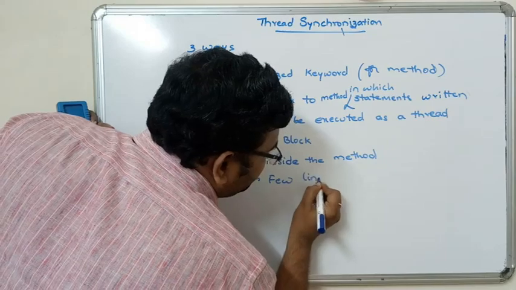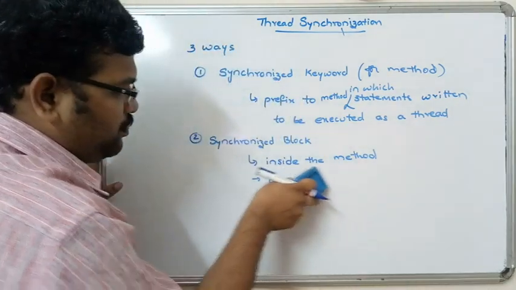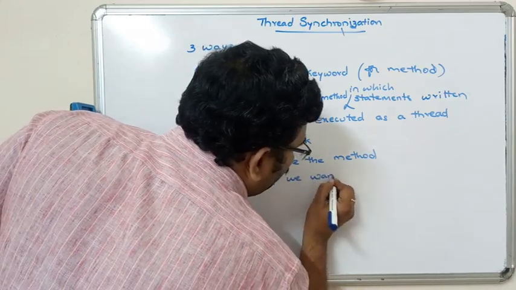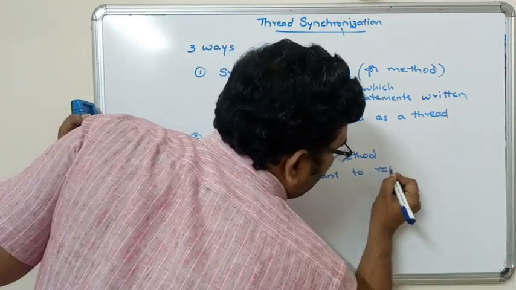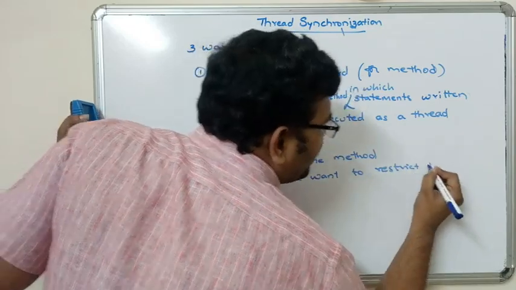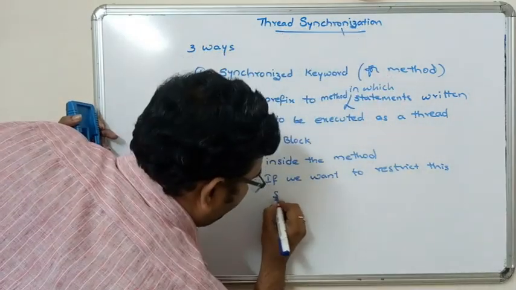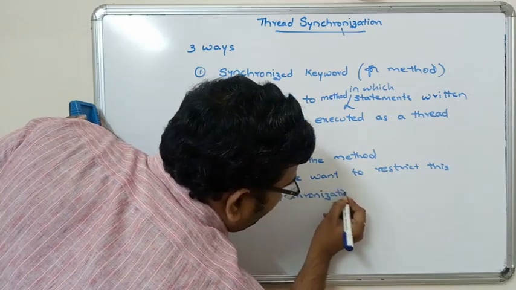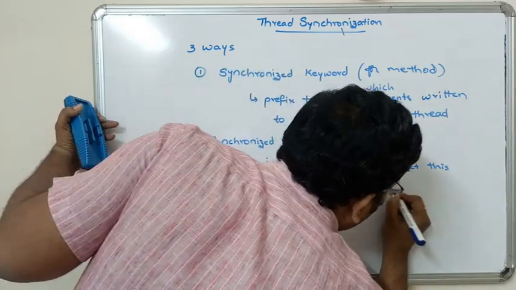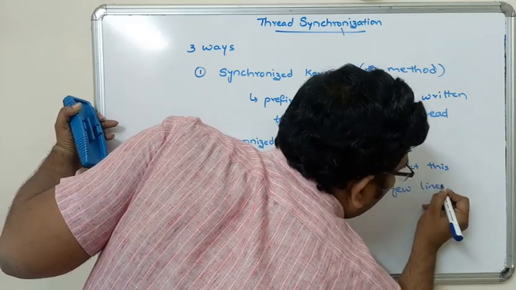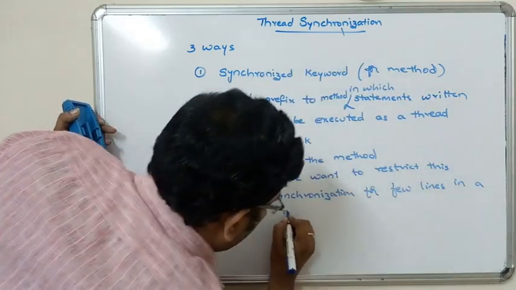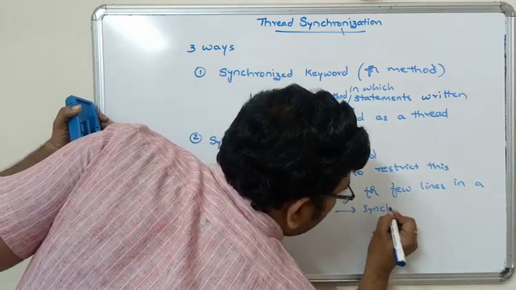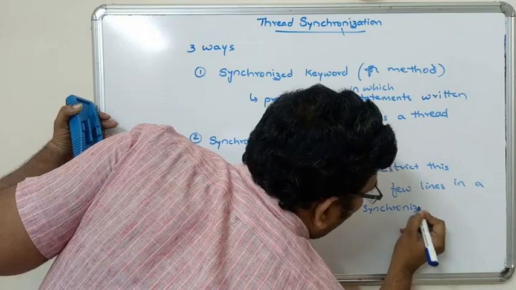If we want to restrict this synchronization to a few lines in a method, then we will go with the synchronized block.